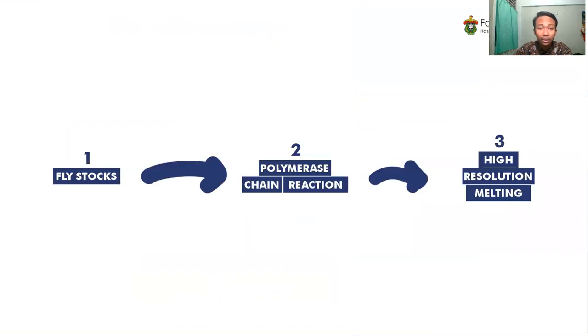The lines of Drosophila used in our study are W1118 and Draper delta 5. Male flies at the age of 4 to 7 days were bred and placed in culture vials containing standard food. Based on the slide, there are 3 stages carried out in the study. The first is the RNA isolation process using the Wizard genomic DNA purification kit.